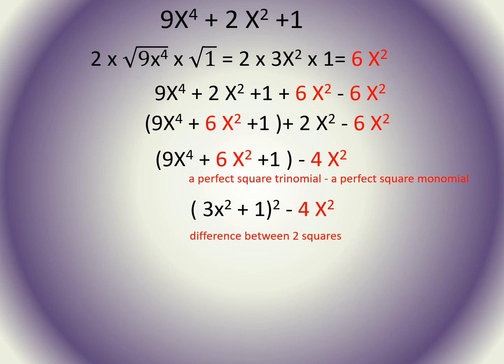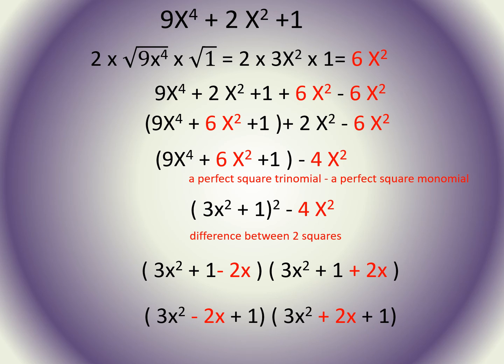Then let's factorize it like this: 3x power 2 plus 1 minus 2x, and the second bracket 3x power 2 plus 1 plus 2x. Let's arrange it: 3x power 2 minus 2x plus 1, and the second bracket 3x power 2 plus 2x plus 1.